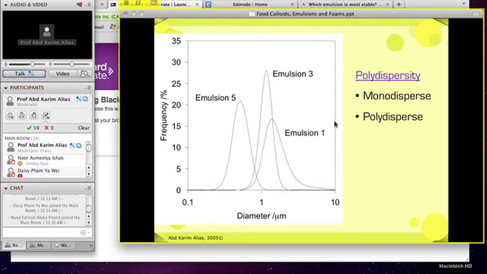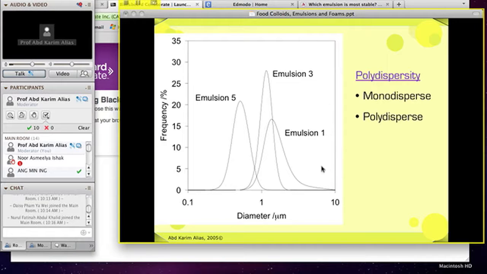Okay, remember this slide from last week? We have three emulsions here: emulsion 1, emulsion 3, and emulsion 4. And I asked a question in the lecture: which emulsion do you think is the most stable?